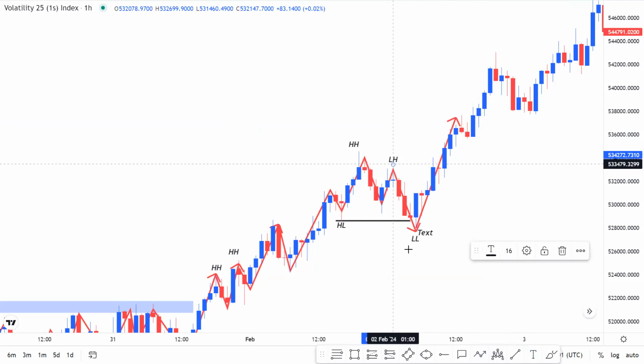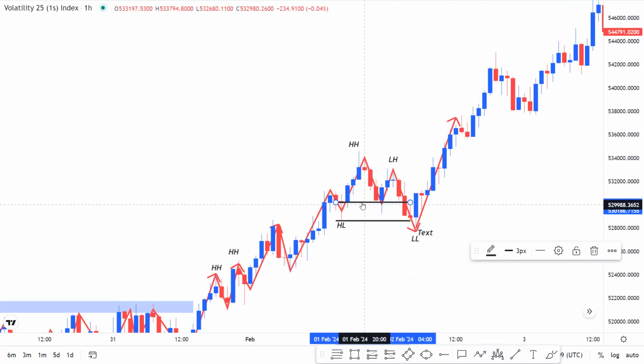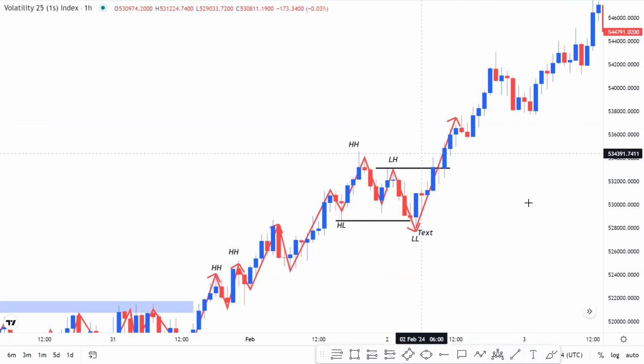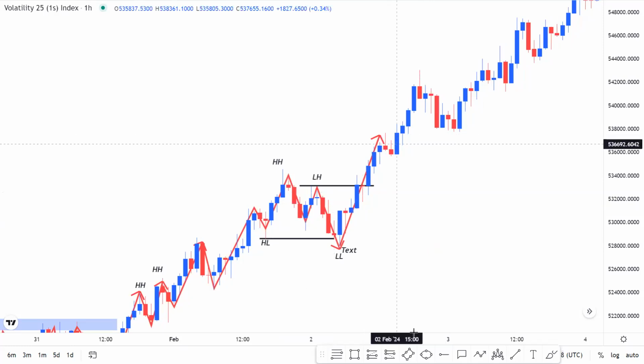So this is the lower high that led to the lower lows right about here. And now we're having a clear break and close above that, indicating an almost instant reversal from bearish to bullish, from a downtrend to an uptrend.